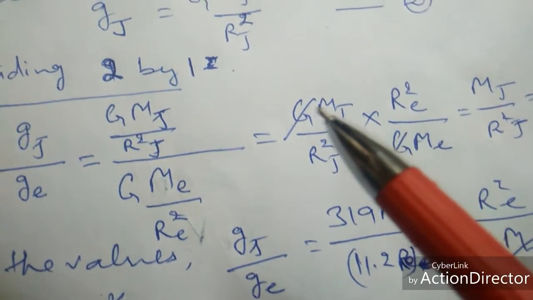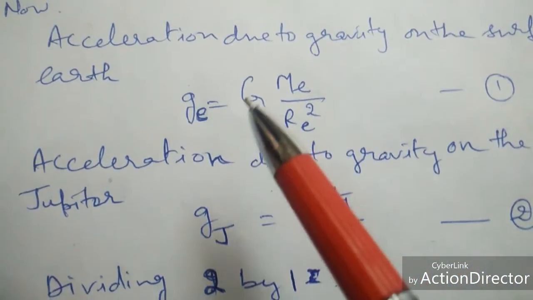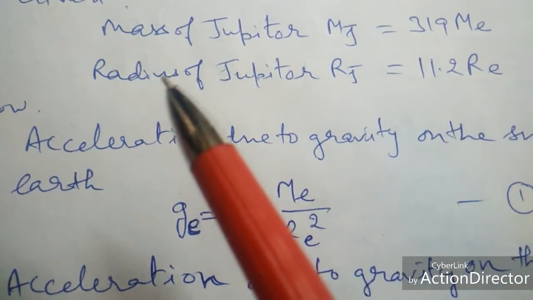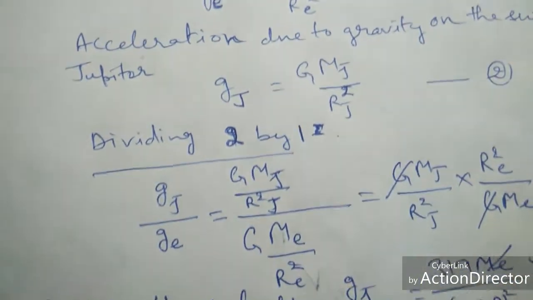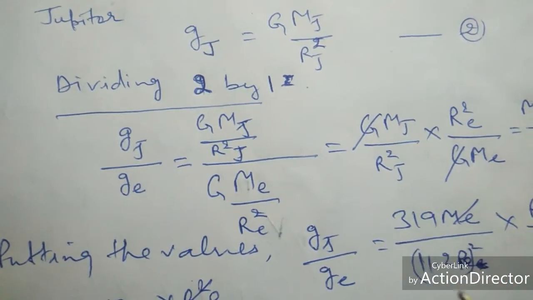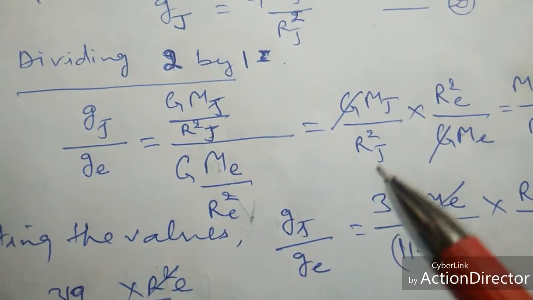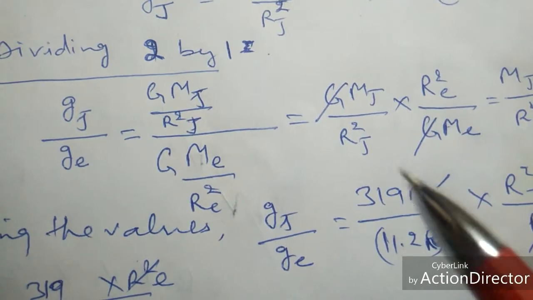Now, as the values of mass of Jupiter and radius of Jupiter have been given to us, we will put these values in this equation. Mass of Jupiter is 319 times the mass of the Earth.